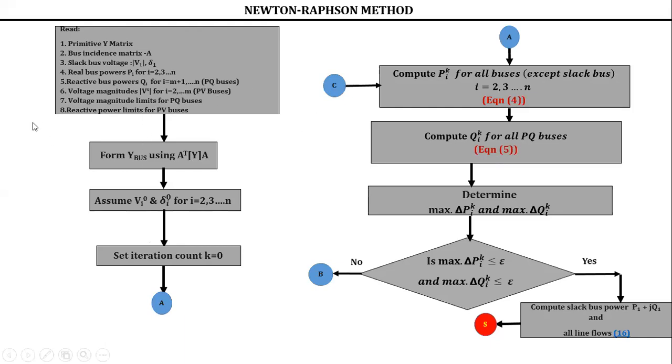Step 1, this is the thing you write. Step 2, this is the thing. Step 3, this. Step 4, step 5, step 6, step 7, step 8. Here you have to write the looping. If it is less than or equal to epsilon, then continue. If it does not converge, then you can say go to step 9 or 10.